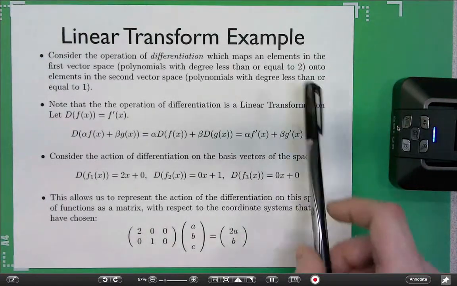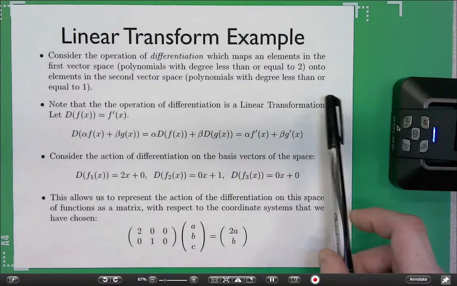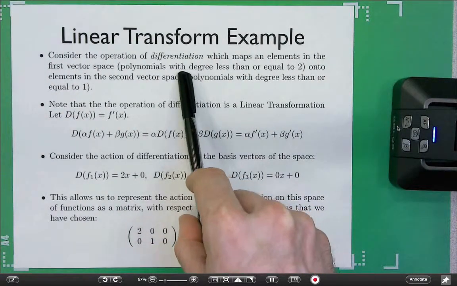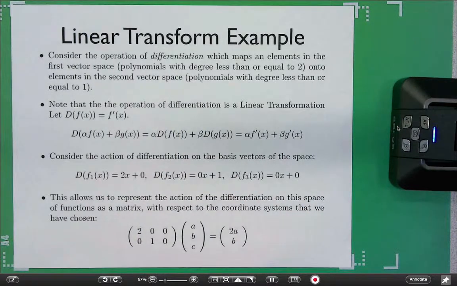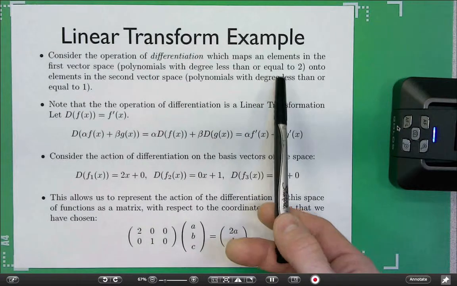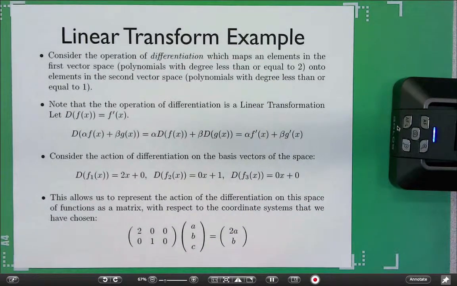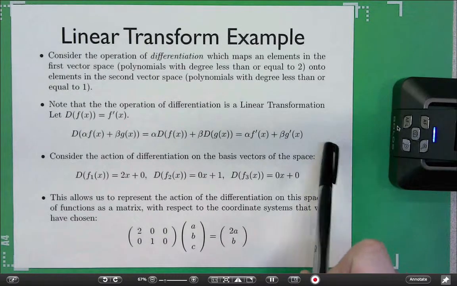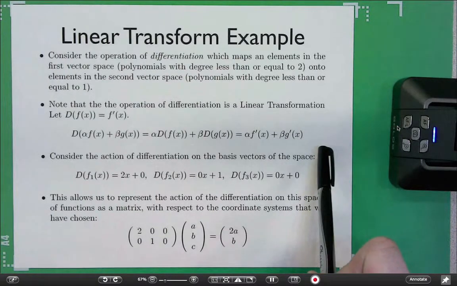I can give you an interesting example of a linear transformation: differentiation. The space of polynomials is a space of functions, and I can differentiate them, right? And differentiation is a linear transformation. You may know this from calculus.